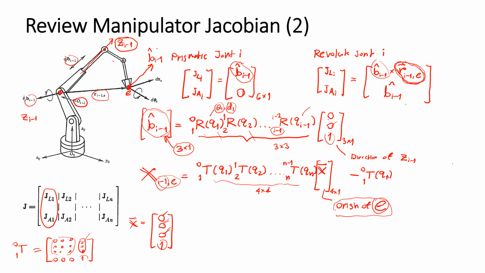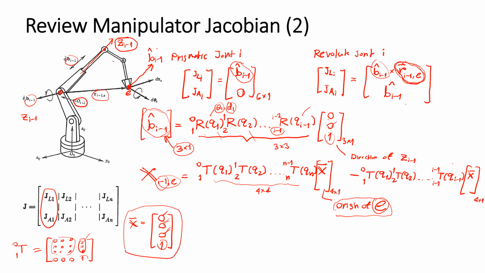We count from joint 1, joint 2, until joint I-1, and multiply by x bar, 0, 0, 0, 1 again.